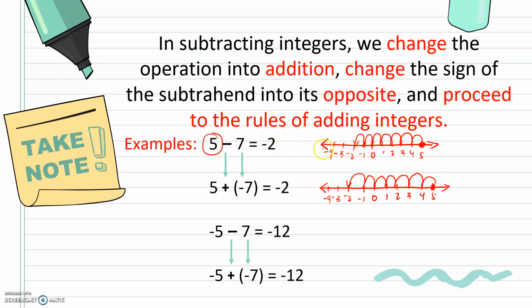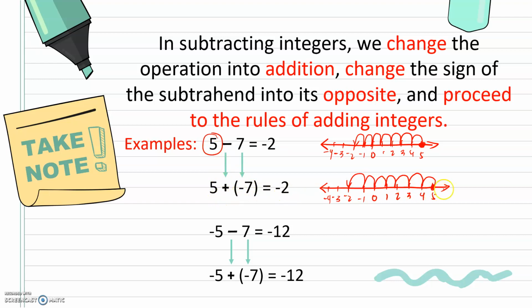This is actually the same as adding negative 7 to positive 5. Remember, we already know how to add integers because that was our topic last time. So subtracting positive 7 from positive 5 is the same as adding negative 7 to positive 5.